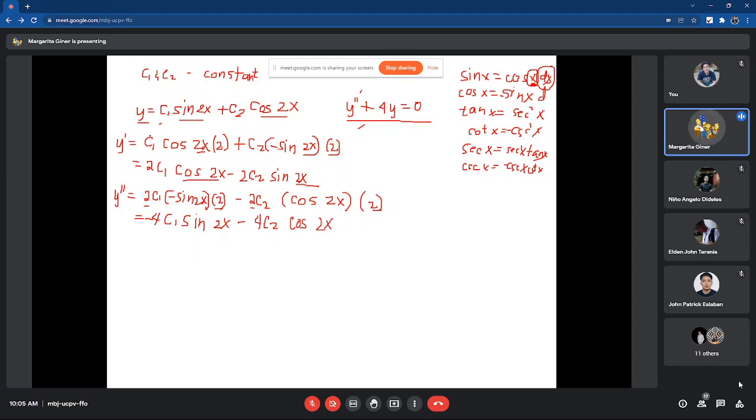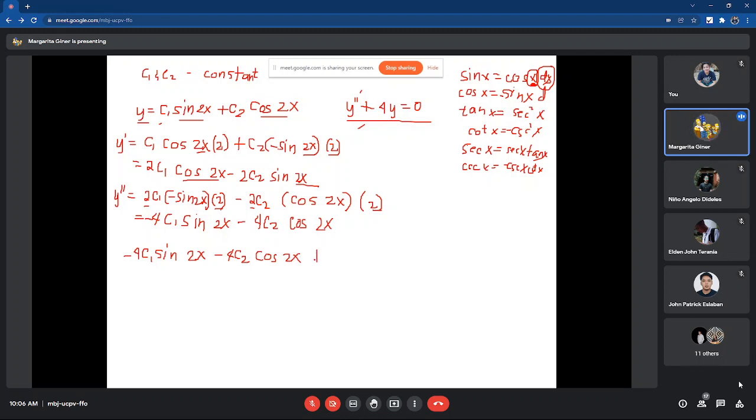Now, we are going to substitute all these values into our DE, differential equation. So again, you have here negative 4 C1 sine 2x minus 4 C2 cosine 2x. Okay?